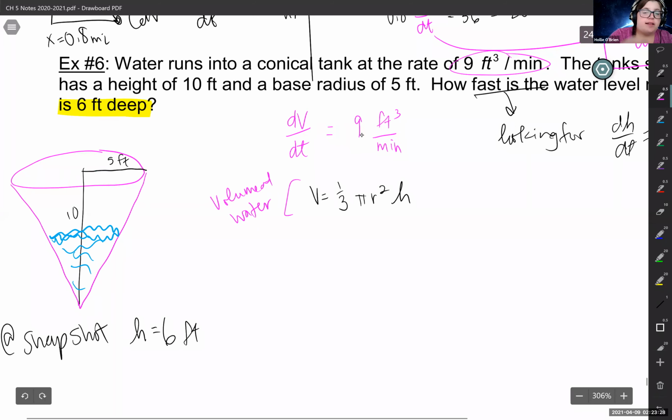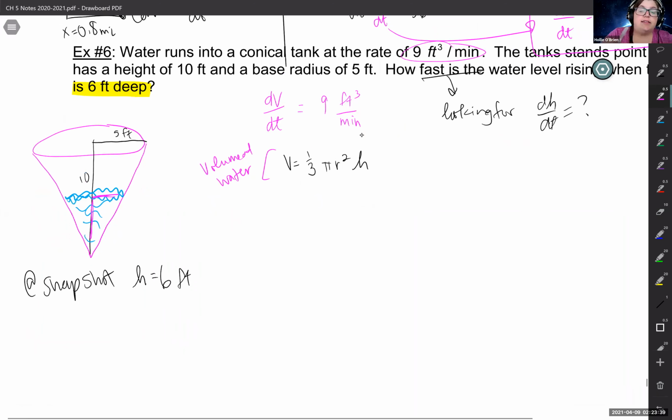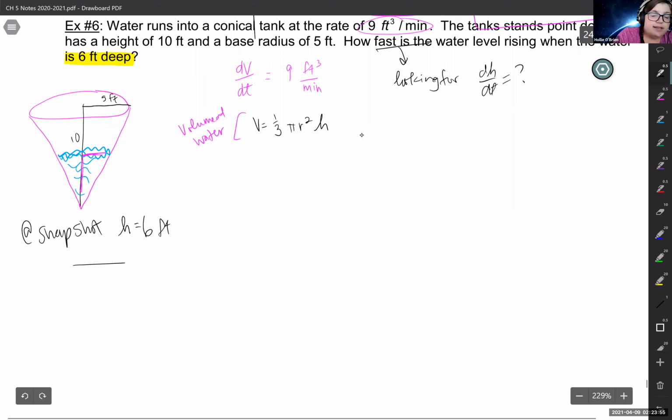And as the water level rises, the radius is going to be changing. The height of the water level is going to be changing. So this is an issue because this is dealing with the radius of the water level and the height of the water level. I don't want it in terms of two variables. This sucks, right? Do we really want to do implicit differentiation and product rule? No, the answer is no. Let's take an easier way. So let's make a relationship between the radius and height of the water. Okay.